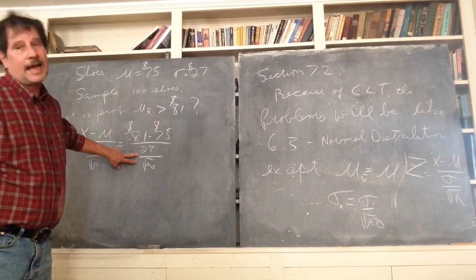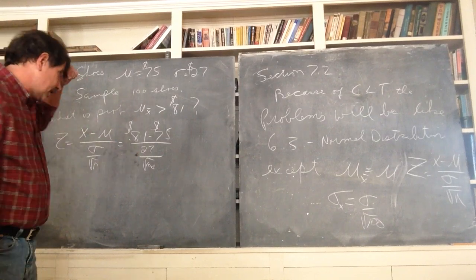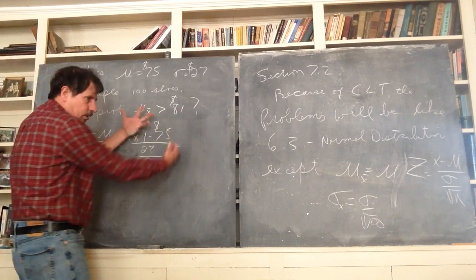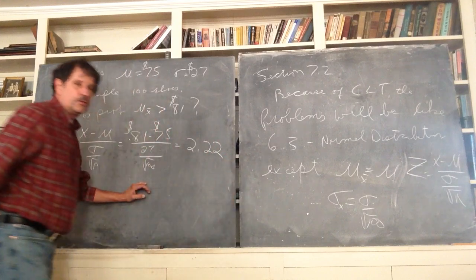This can become a calculator difficulty. The square root of 100, fortunately, is 10. If you do all the arithmetic on your calculator correctly, you'll get a Z value of 2.22.